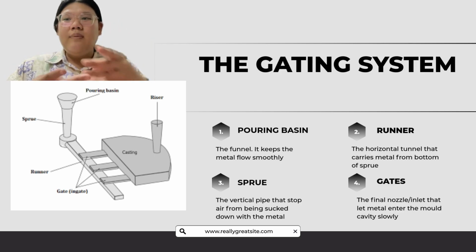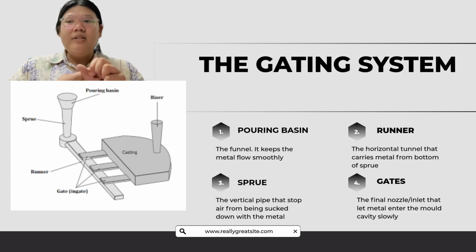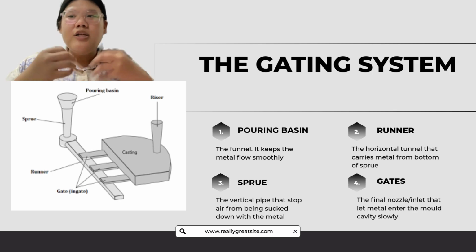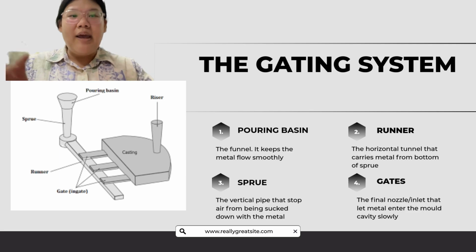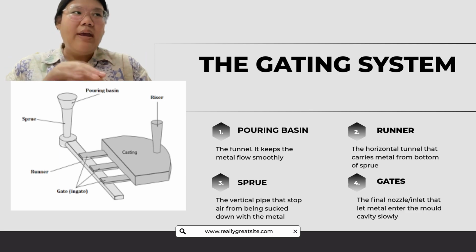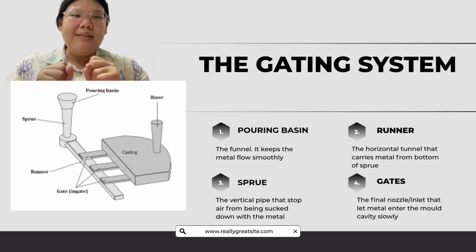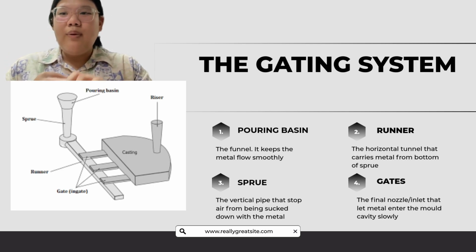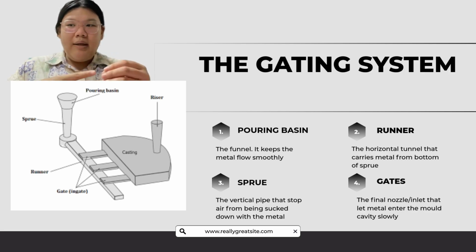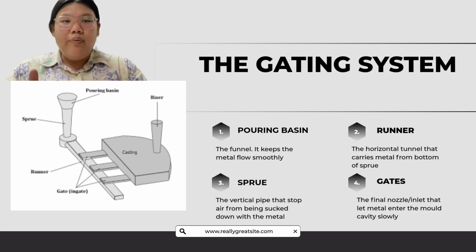Then we have the runner, which is a horizontal tunnel that carries the metal from the bottom of the sprue. A sprue is a vertical pipe that stops air from being sucked down with the metal and creating cavities or gas holes, gas bubbles. And fourth, we have the gates, which are the final nozzle or inlet for the metal to enter the mold cavity slowly.